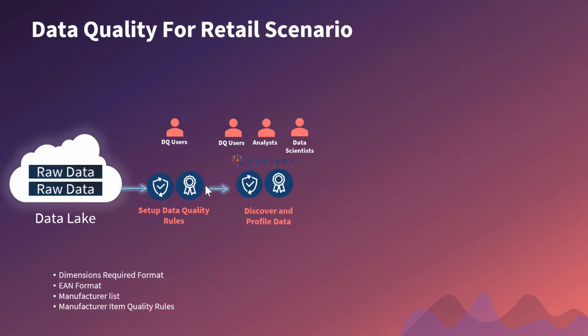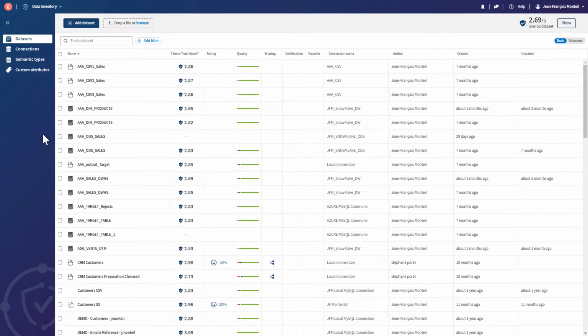Now we're going to see how we can use those to discover and profile data, assess quality scores, and find where the problems are. Talend provides an interactive and collaborative space called the inventory, which allows all the users to share and see different data sets, and search and browse for data sets.